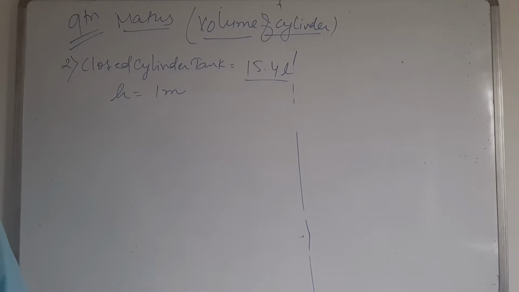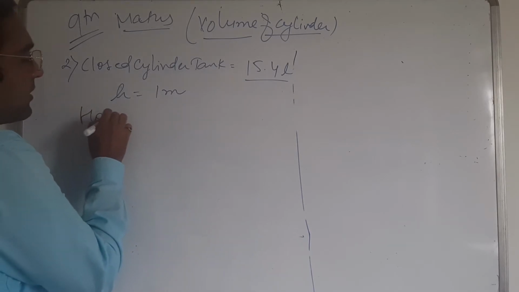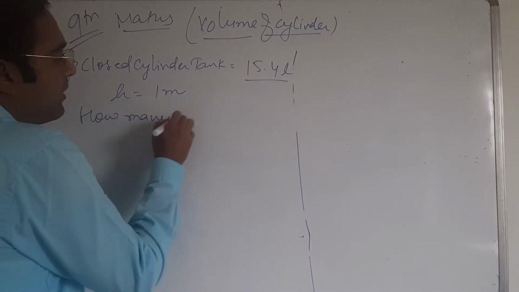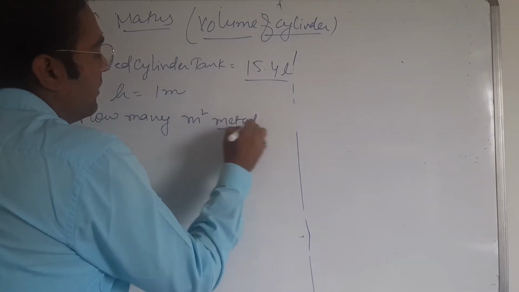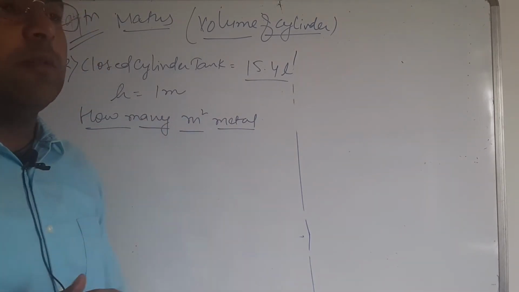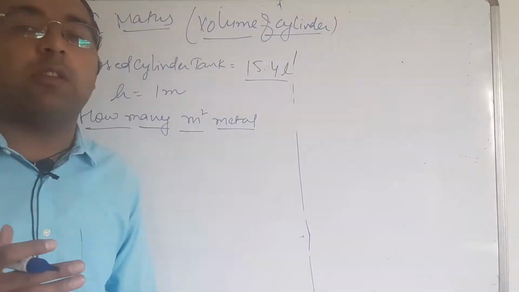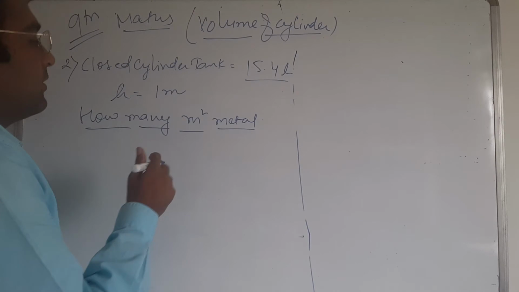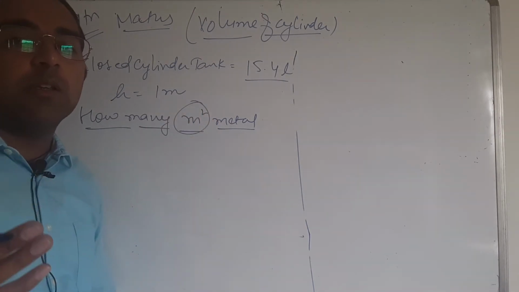So how many square meter of metal sheet would be needed to make it? The question is how many meter square of metal sheet is needed to make it. They tell us to find something in meter square.